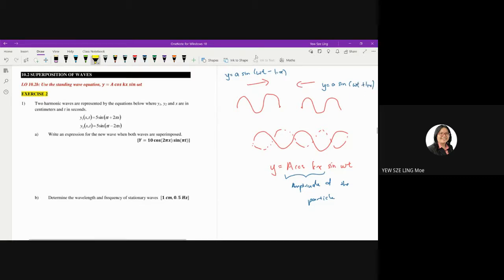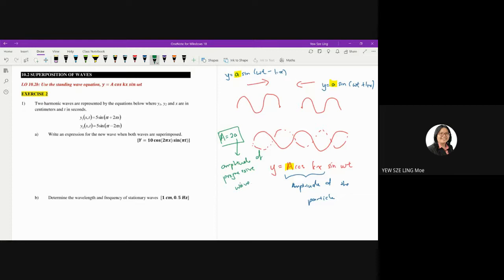Now you have a in the equation of the progressive wave, and you also have A in the equation for the standing wave. So their relationship is capital letter A equals 2 small letter a. And this small letter a represents another type of amplitude, which is the amplitude of the progressive wave.